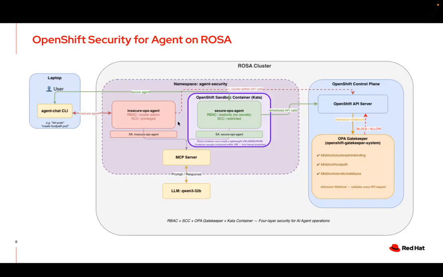So I have an agent client that can interact with my ops agent, which is running on OpenShift. It can basically respond to users' requests and generate some OpenShift relevant operations like list pod, create pod.